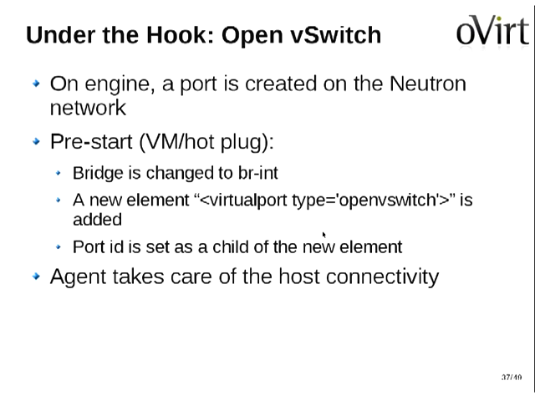So the VNIC is connected to some network, and we see that it's an external network. It's managed by this provider, and we tell the provider, hey, we need somewhere to connect this VNIC, to connect the cable that goes out from this VNIC, right? So it creates the port on Neutron.